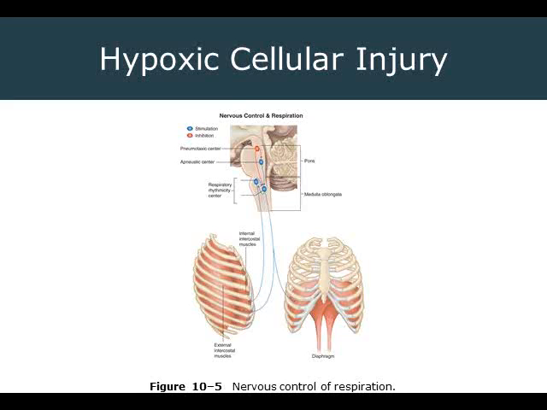Now, they are fed through a set of nerves that then go down to the diaphragm and the intercostal muscles to expand and contract the rib cage.